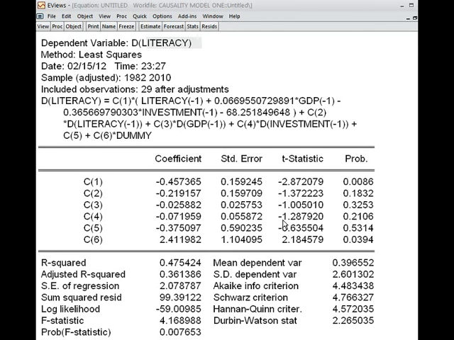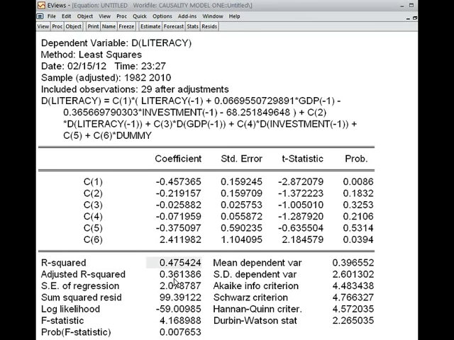Okay, now we shall check how the model is as a whole. That means how is this error correction model statistically? One thing, first I start with the R square. R square is 47.54%. So that is low, that is not high. That is the problem of this model, that the data is not nicely fitted.